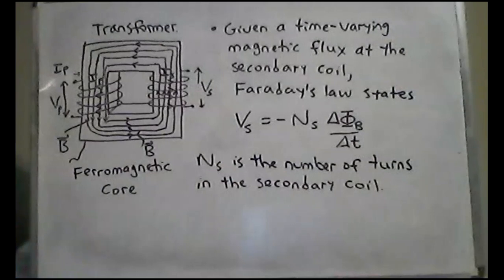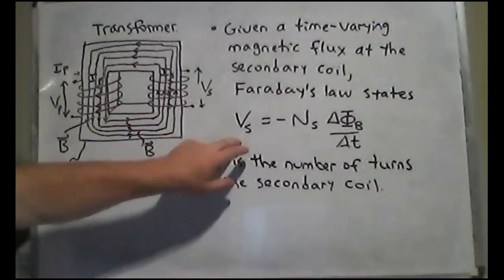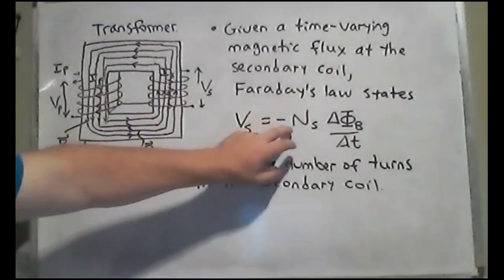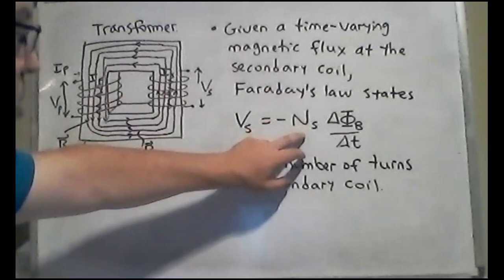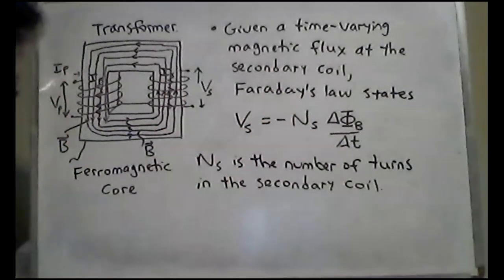That's what Faraday's law tells us: given this time varying magnetic flux, the EMF, or I can use voltages directly at the secondary, is going to be negative the number of turns of wire at the secondary times the time rate of change of the magnetic flux.